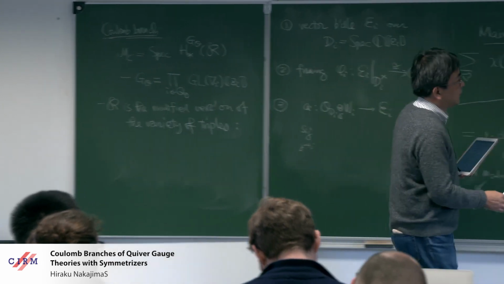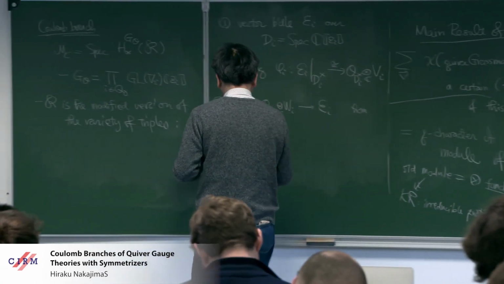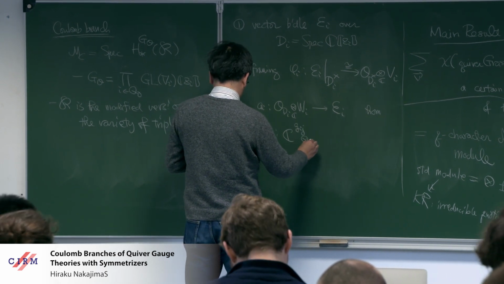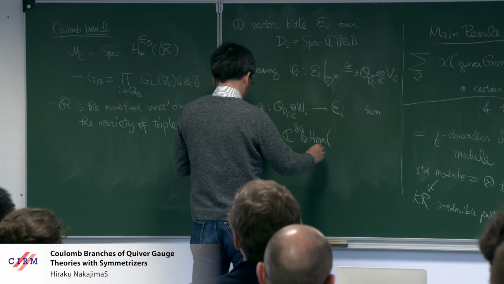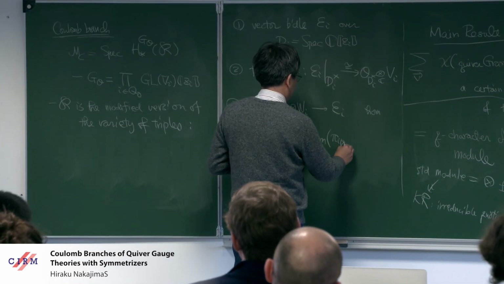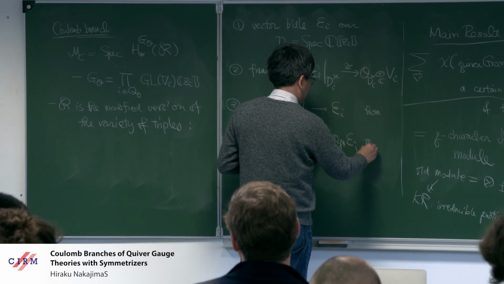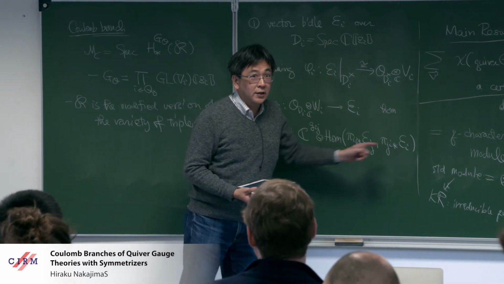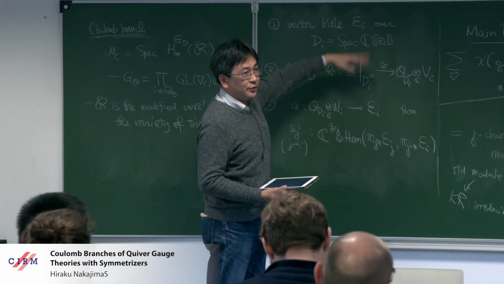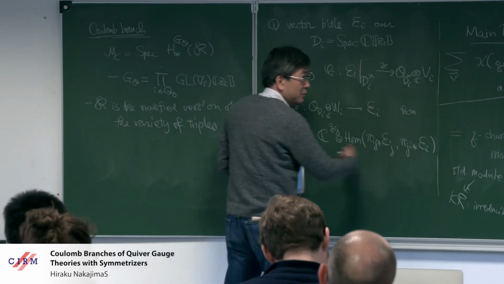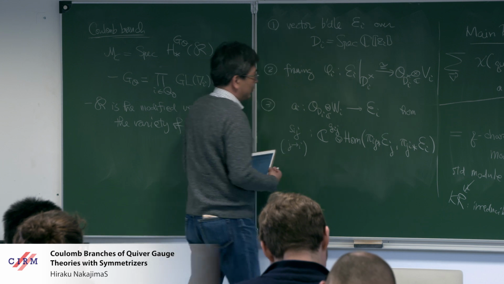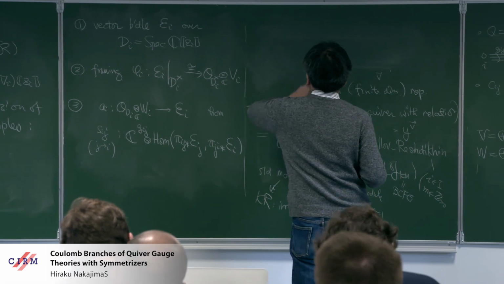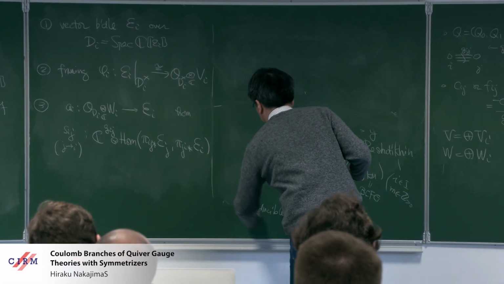I choose an orientation here, C of G_ij, tensor Hom of pi_ij star of E_j to pi_ji star of E_i. Because E_i and E_j are living on different disks, in order to consider the homomorphism between them we must move to some common disk, and we use pi_ij, which is a ramified covering map.